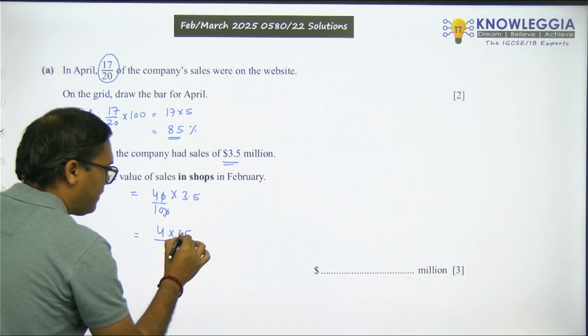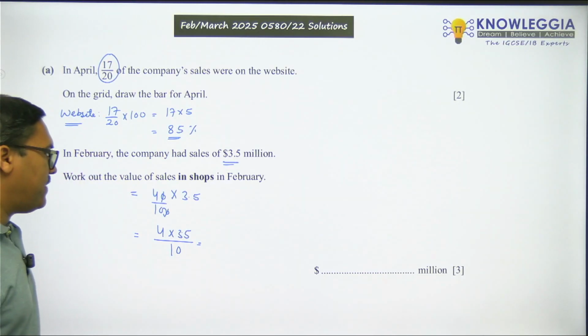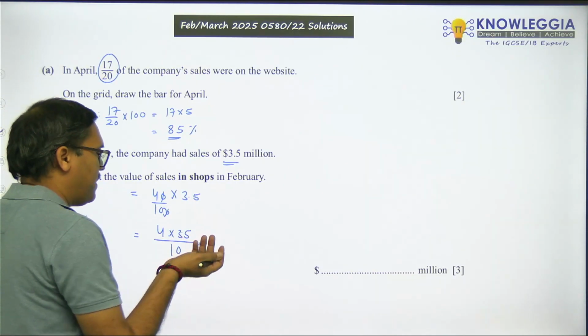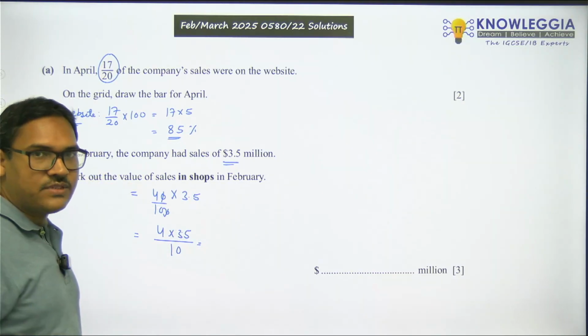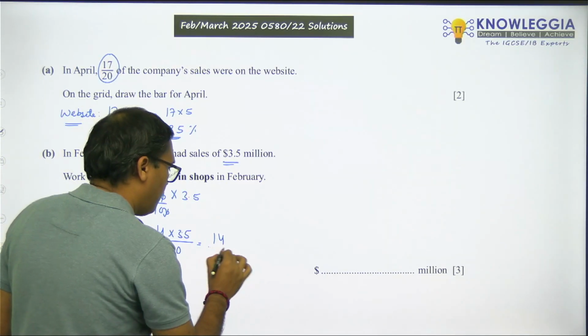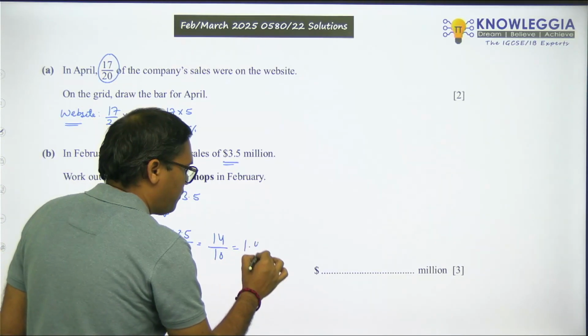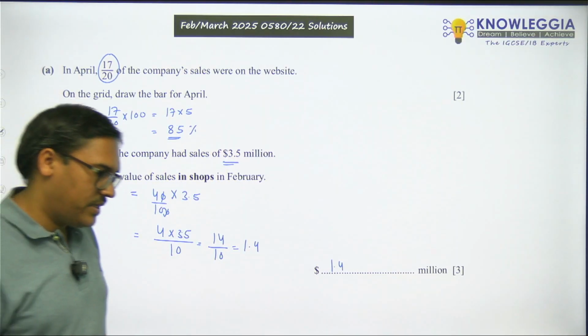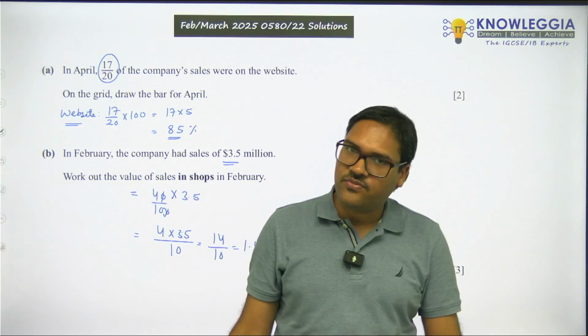So what is 3.5 into 4? You can see 3.5 into 2 is 7, and 7 doubled is 14. Okay, 14 by 10. So this is $1.4 million. Right? So that is the answer for this question.